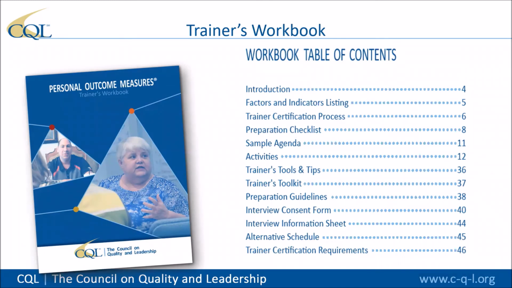So the same sorts of things: the factors and indicators are there, the process that one goes through to become a certified trainer, the preparation checklist for the workshop, sample agenda, a section of activities, and we'll look at those in a little bit more detail, tips and tools, guidelines, getting prepared, some documents, some thoughts about different schedules you might use, and then finishing off with the requirements that you have as a trainer, to keep that in front of you.